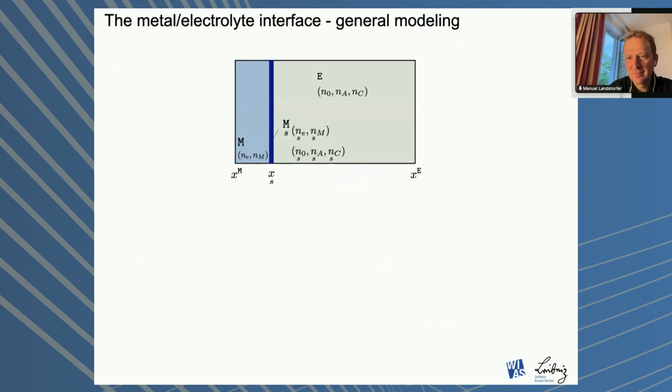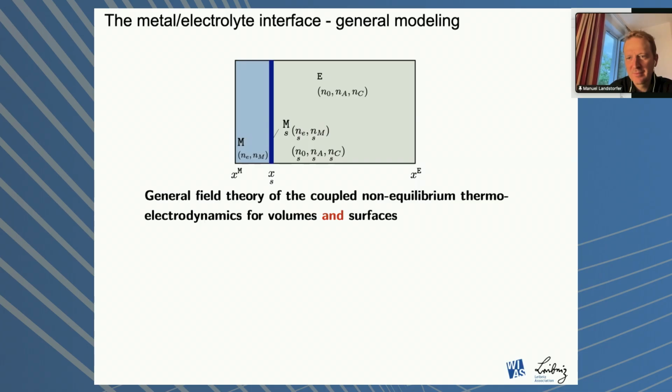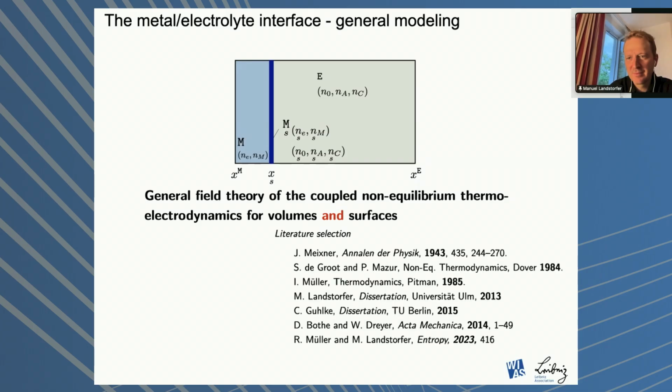And in order to get there, I will try to guide you a little bit through the modeling procedure. There were already some talks on DFT, which do really atomistically resolve every individual species. What we are dealing with more is the so-called general field theory of coupled non-equilibrium thermoelectrodynamics for volumes and surfaces.